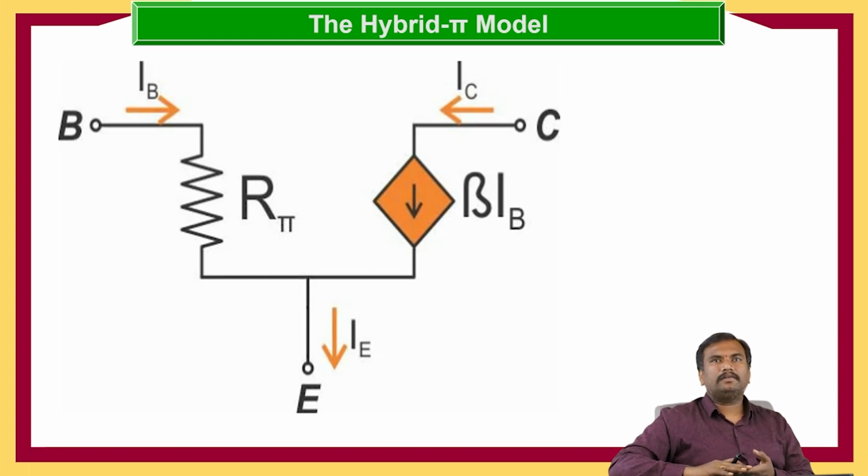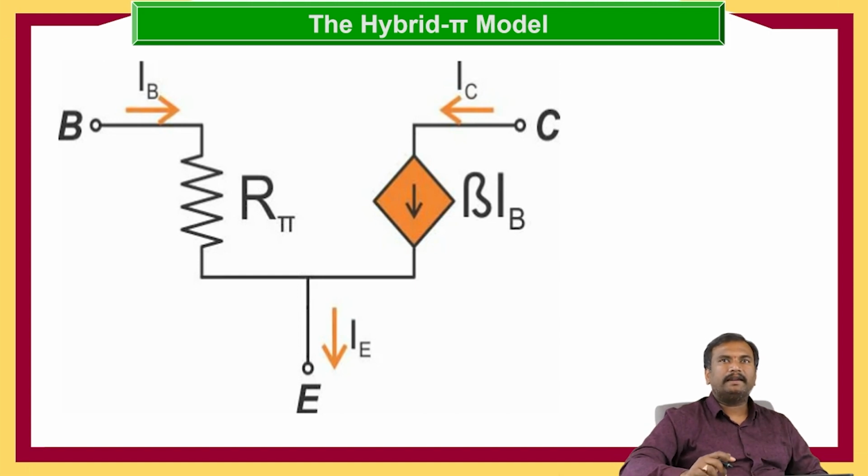Here we have a resistance R pi and a controlled current source beta times IB, and this is the collector current, this is the base current, this is the emitter current. This is the pi model of the small signal amplifier.